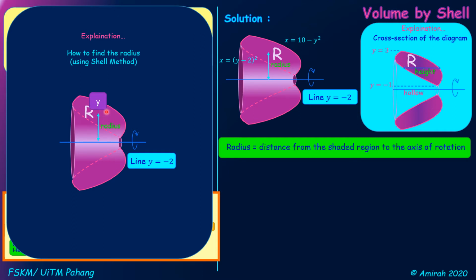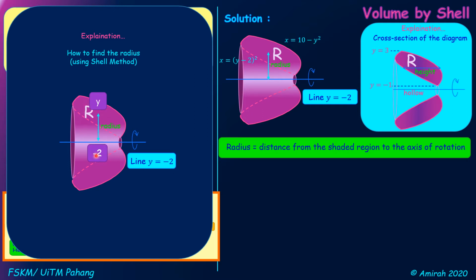Let's say y represents the original shaded region before rotation, and -2 represents the axis of rotation, because this is the line y equals -2.